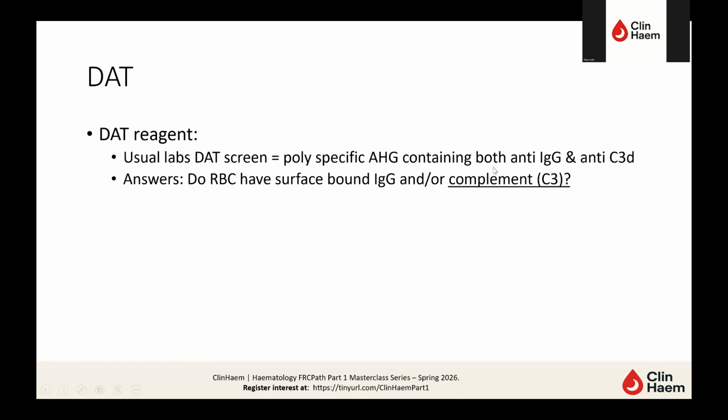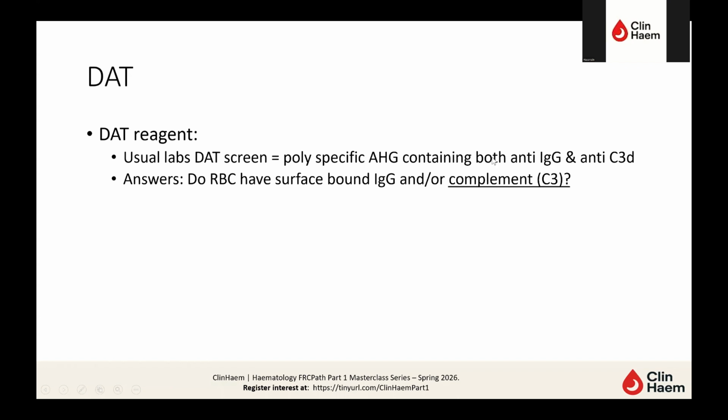Sorry, that reagent is just anti-human globulin, which has activity against human immunoglobulins or complement. Now, what most labs use is what is called a polyspecific DAT reagent. As a screen, their DAT reagent would have polyspecific anti-human globulin, which has reactivity against both IgG and anti-C3d in one.